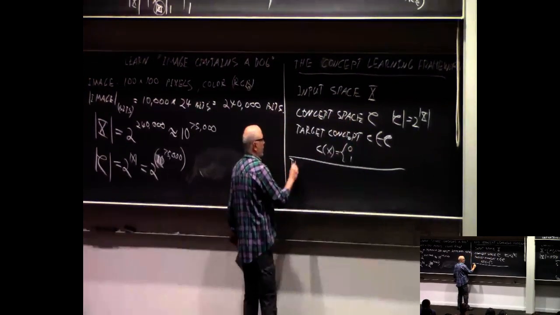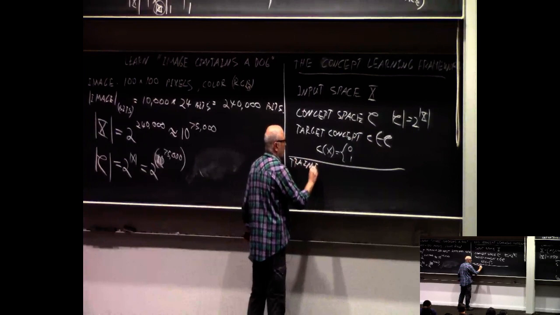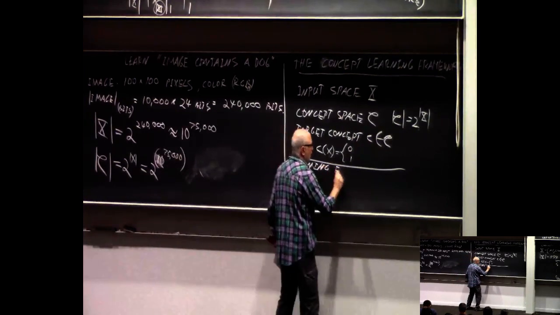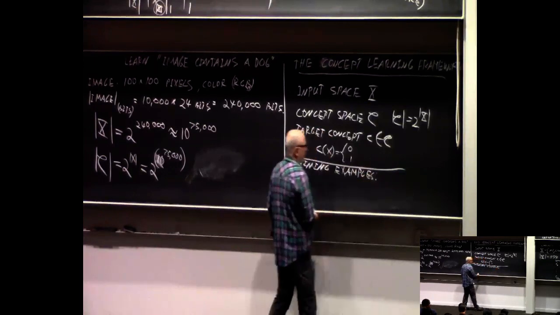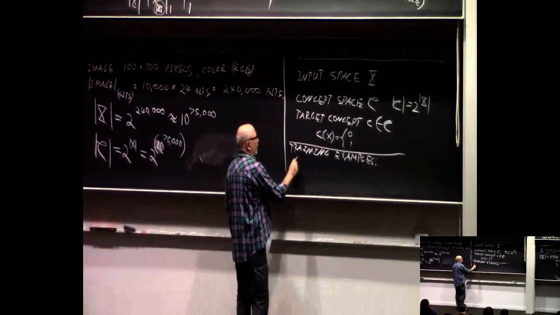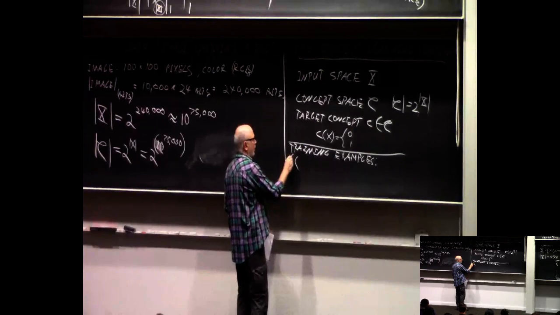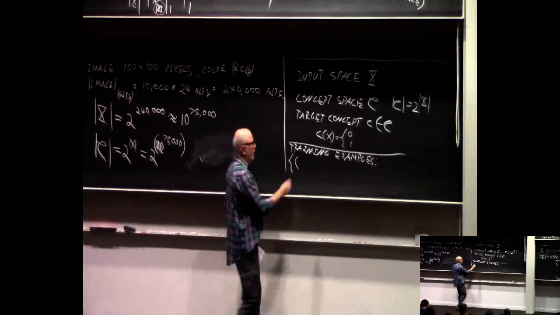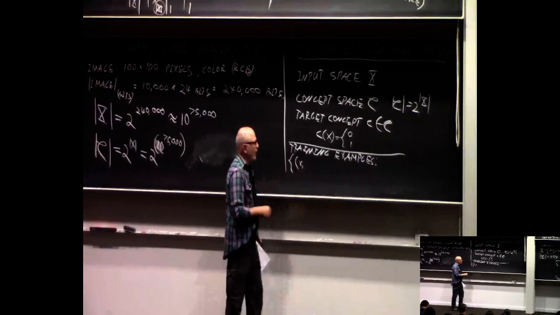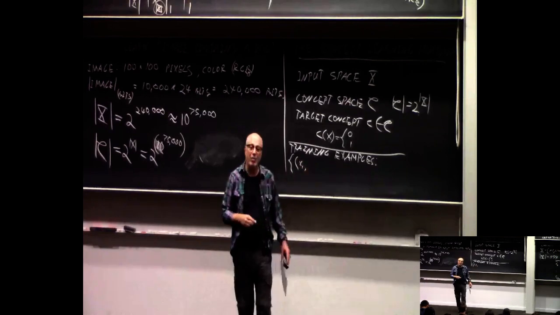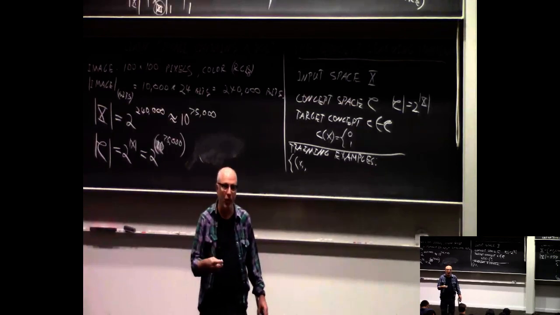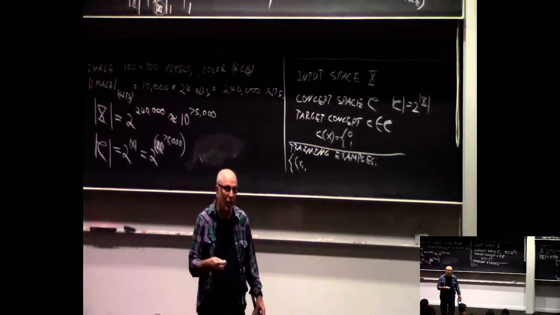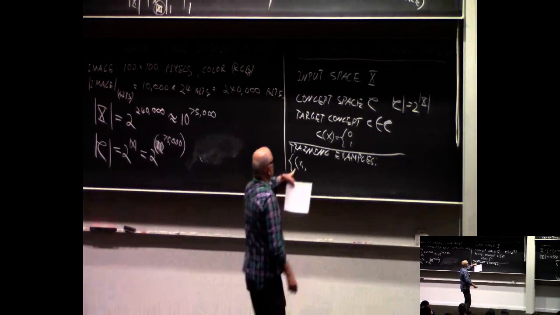Training examples consist of the following set of ordered pairs. Some particular input x1 and the correct label for it. The correct label, whether it's yes or no, 1 or 0, I can write as y1, but by definition the correct label is the label produced by the target function.